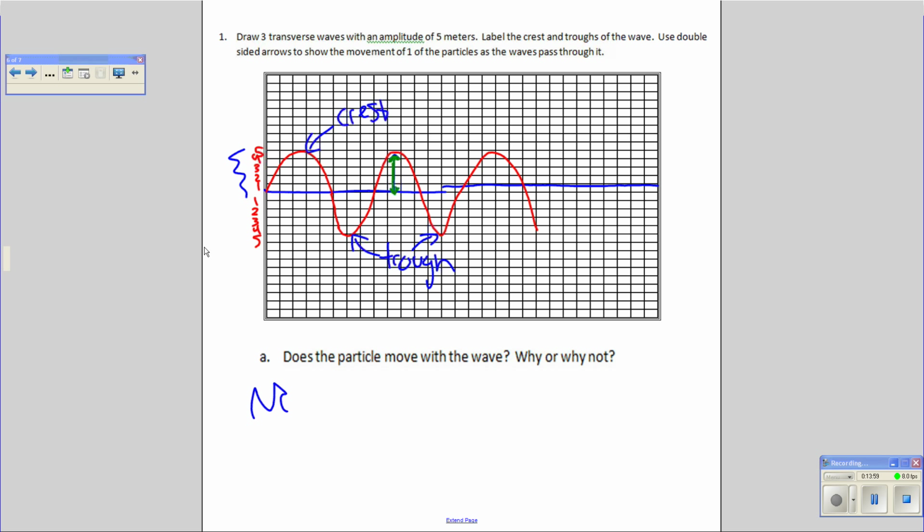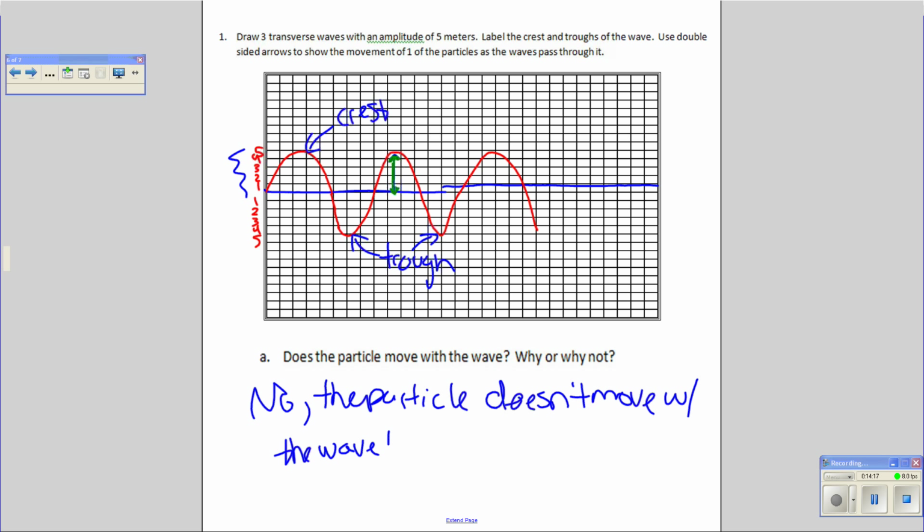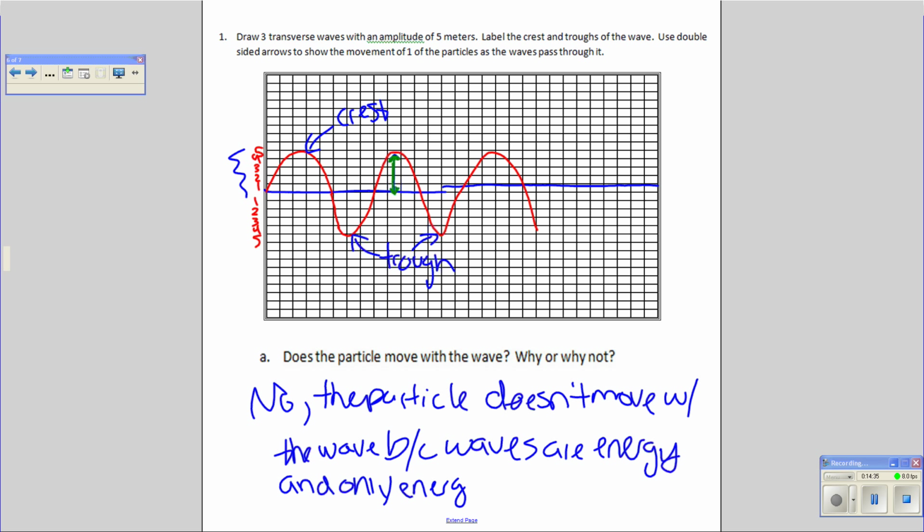No. The particle doesn't move with the wave because waves are energy and only energy moves with the wave. Okay, so that's my question.